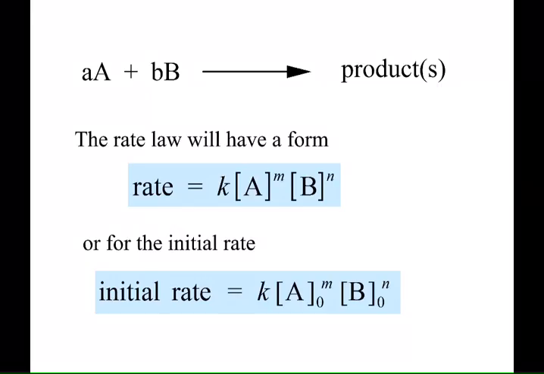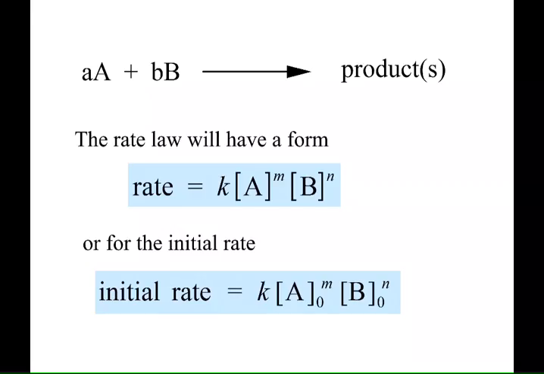So this rate law expression down here, I call the generic rate law expression for that reaction. Now notice that the reaction orders M and N are not the stoichiometric coefficients of the reactants.